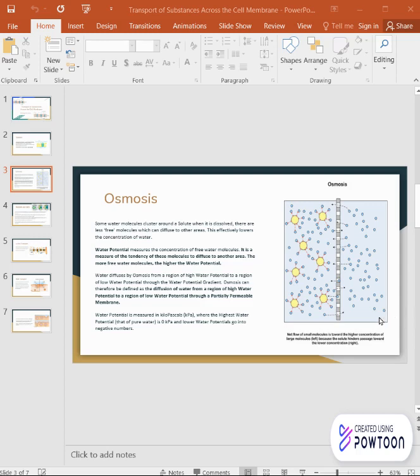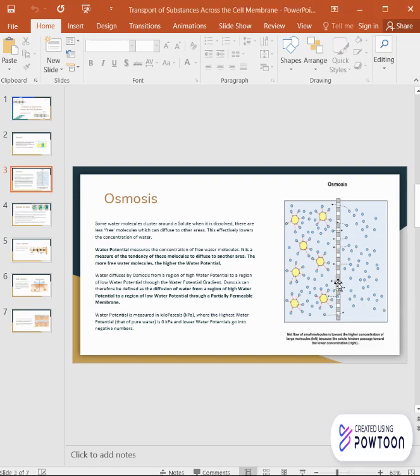So the highest water potential would be 0, and as you add impurities, it is going to go down into the negative numbers. When we add sugar or salt or other substances, it lowers the water potential, making it a negative number. So the more negative a number is, the more concentrated the solution will be.